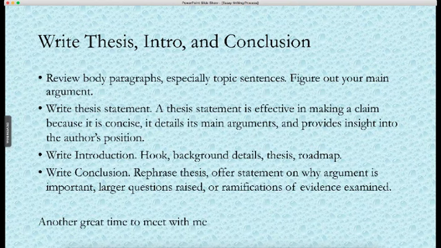In this second bullet point right here, this is a thesis statement about making thesis statements. So effectively, what you want is an argument. The argument in this one is that a thesis statement is effective in making a claim. That is the main argument. The arguments of the paper would be because it's concise, because it details its main arguments and provides insights into the author's position.